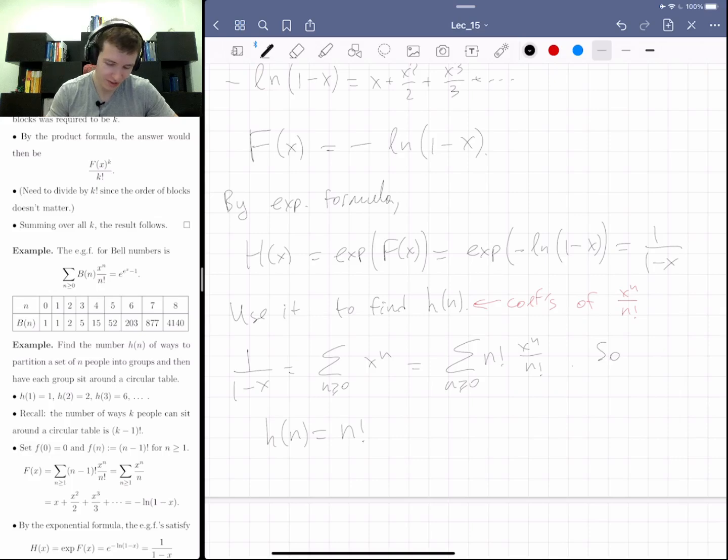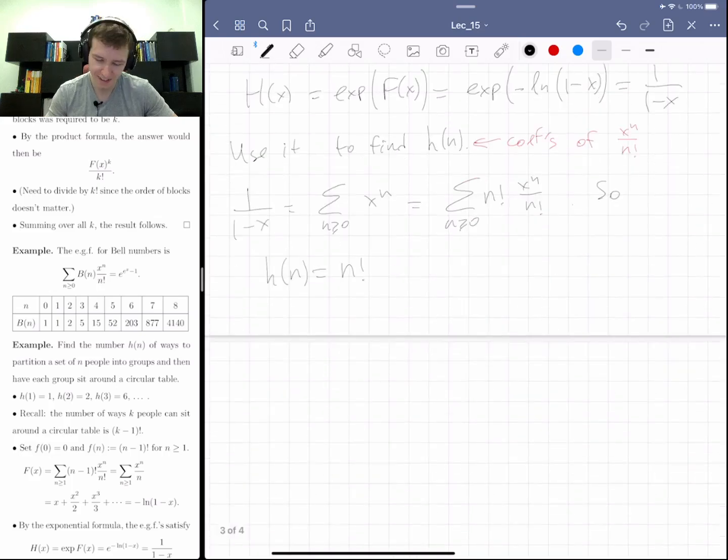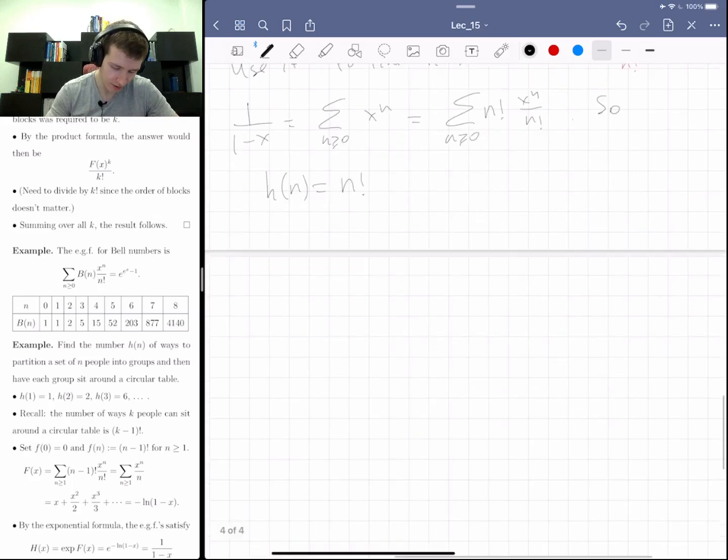So, which sounds weird. Maybe I should have tried to give you an example. I think I should have computed examples beforehand. But anyway, let's say h of 3. I want to have 3 people sit around some number of circular tables. So I can have a single circular table where they all sit together.